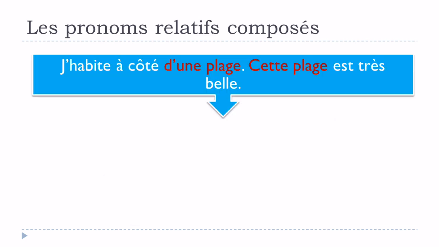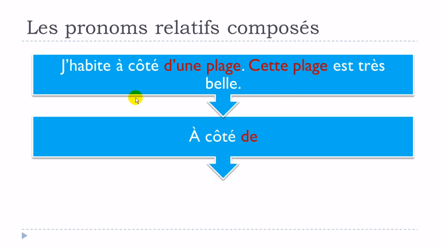And so an example here, same situation, we've got two sentences. The first one, j'habite à côté d'une plage, and the second one, cette plage est très belle. As we had previously, we want to make only one sentence. We don't want to repeat this plage thing, une plage or cette plage. It's quite interesting because we've got à côté, but then it's de. So it's right here, à côté de.